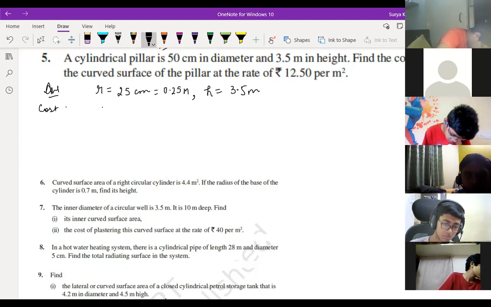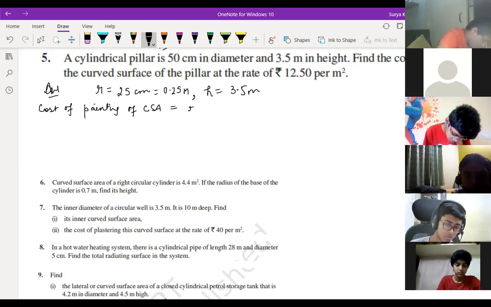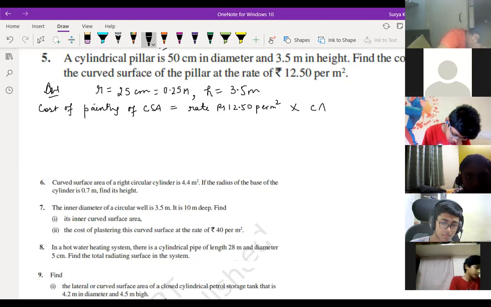Cost of painting of CSA is equal to rate, rupees 12.50 per meter square, into CSA. I can write like this.